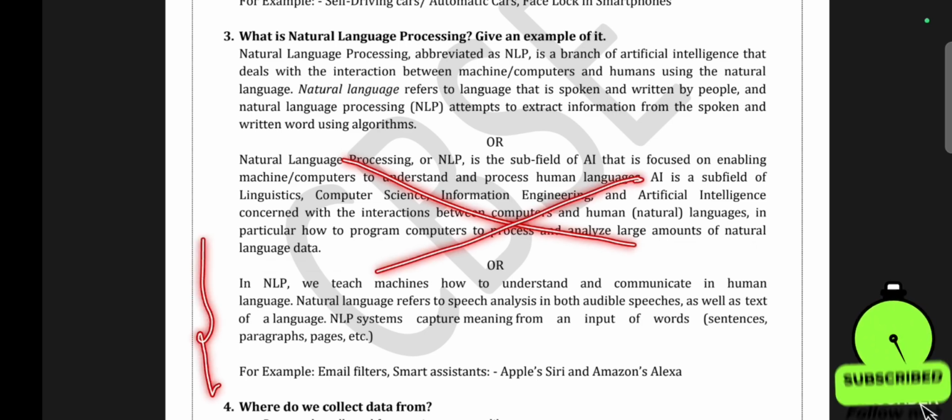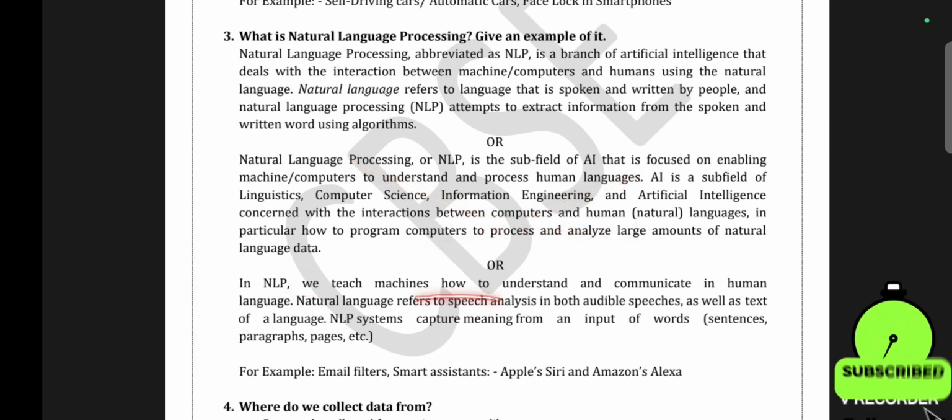And more is there. In NLP, we teach machine how to understand and communicate in human language. NLP refers to speech analysis in both audible speech as well as text of a language. NLP system captures meaningful form and input of words, sentences, paragraphs, pages.